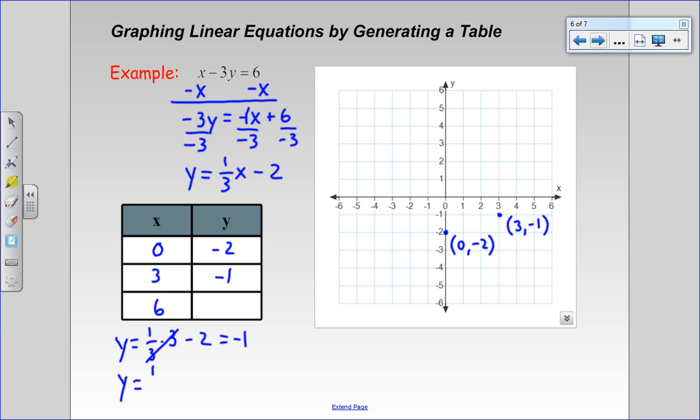So y equals 1/3 times 6 minus 2. Simplifying our 6 and 3, we see that we have 2 minus 2, or 0, for our y coordinate. So plot the point 6, 0, and we'll complete the graph by drawing a line through those 3 points.